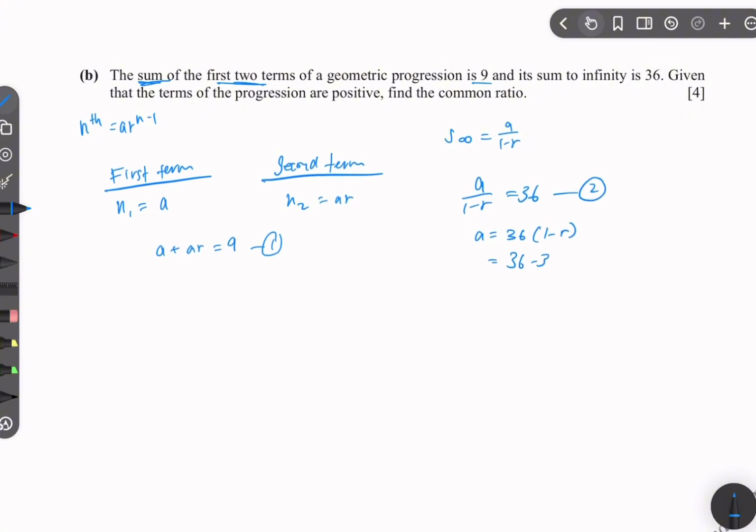I'm just going to rearrange both of the equations. Okay, I have rearranged both equations to make a the subject. Now I can equate them.